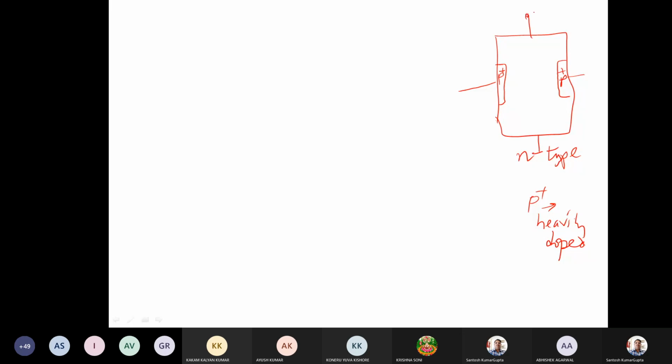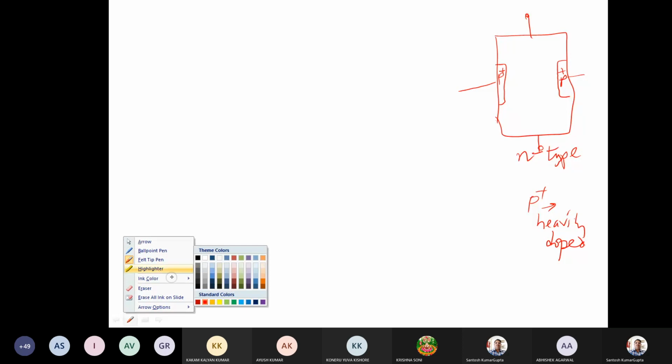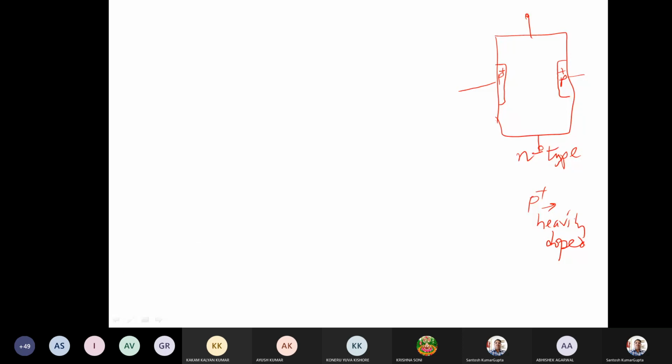These end points are contacted here, not connected. These are contacted with different regions. One is called drain, another is called source. We can see here that either this can be called source and this drain, or the other way around, because it seems quite symmetric.